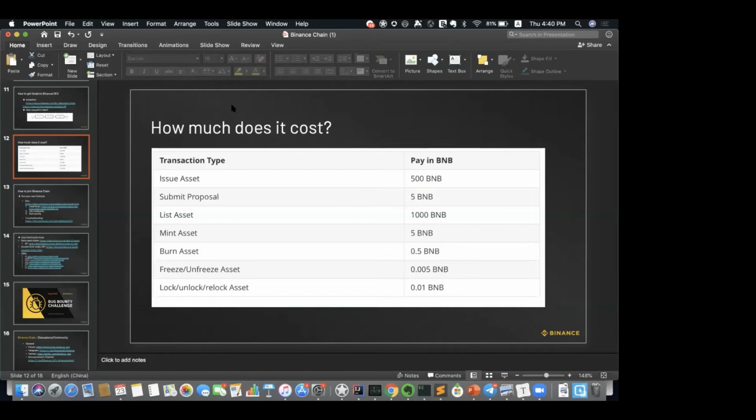If you are listed in Binance DEX, it's not 100% sure that you will be listed also on Binance.com, but you have the chance. The community vote works like this: every user who holds more than 50 BNB will have at least 1 vote.